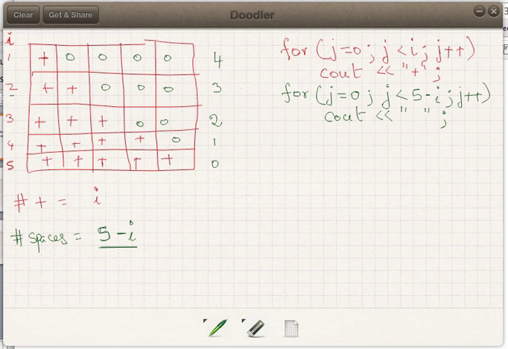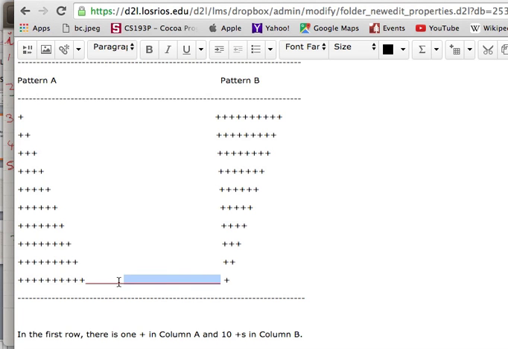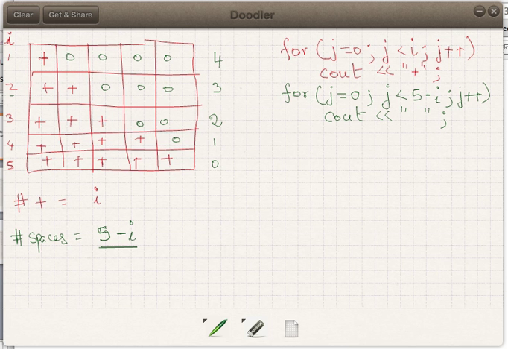Then in the middle we have 10 constant spaces, which is easy, right? How do you print the 10 constant spaces? Very simple. For j equal to 0, j less than 5, in your case 10, j plus plus, cout. You can combine these two, but it's okay for now.